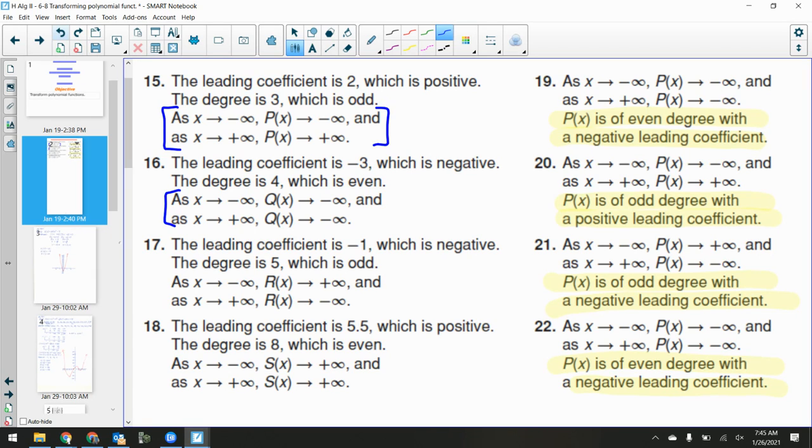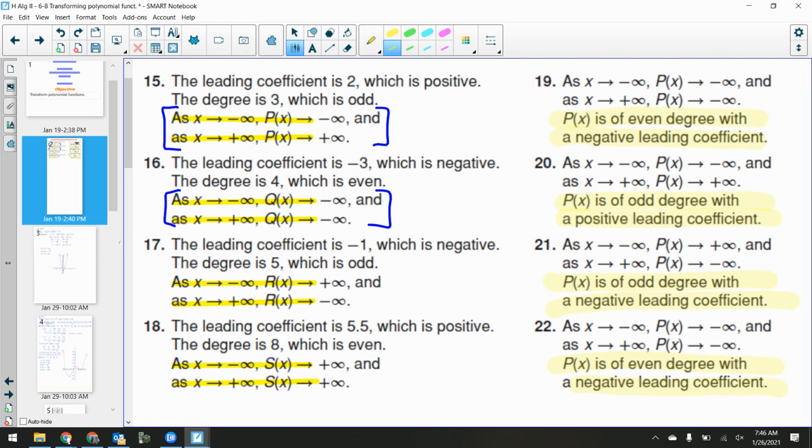But remember that in the notation, take a look at this. Every time I've got the exact same thing written, with the exception that I'm changing the function name.